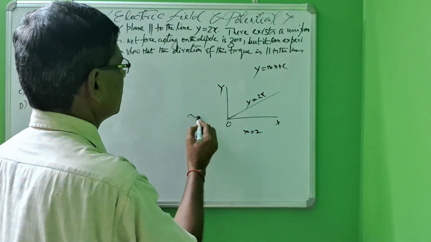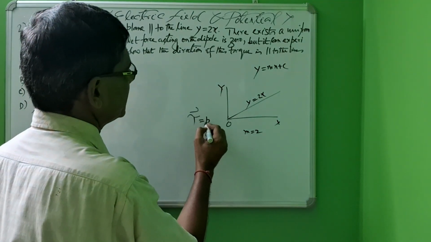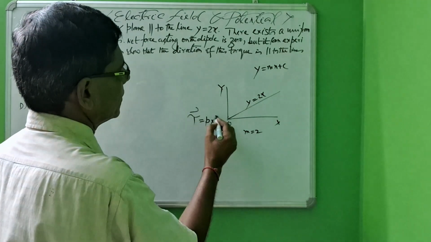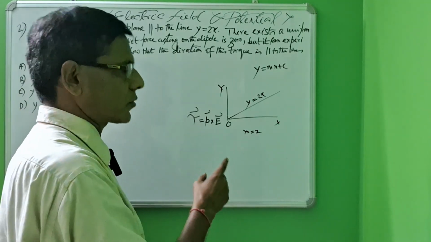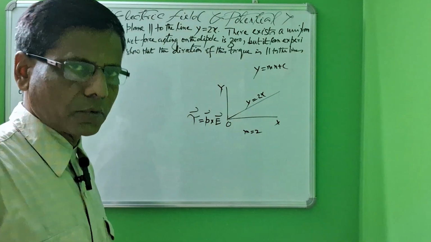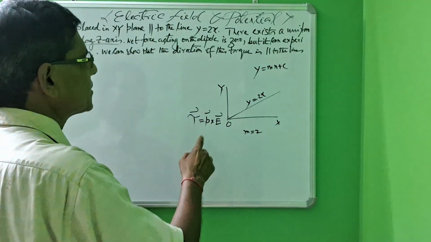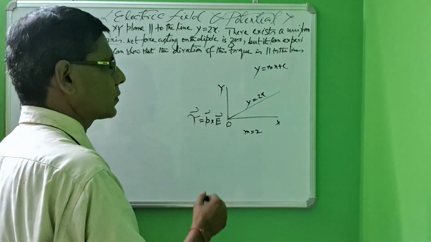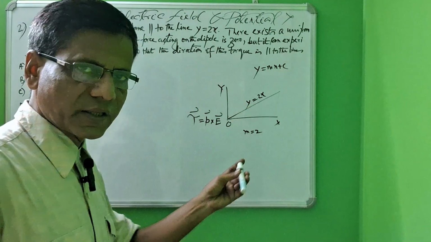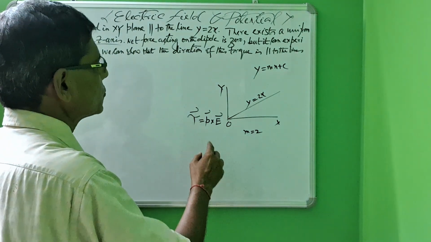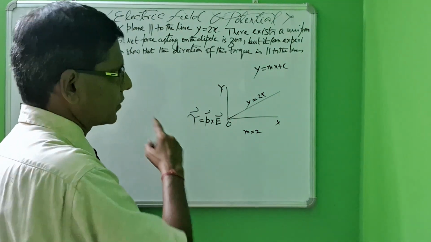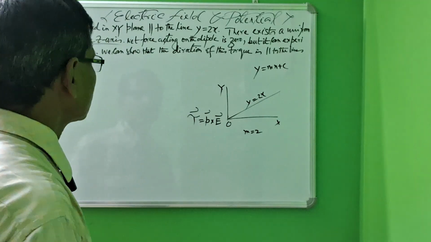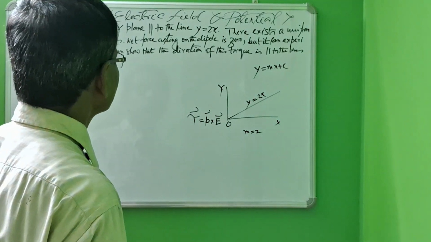So we know tau equals P cross E. Tau is the torque acting on the dipole, and P is the dipole moment of that dipole which is situated in the xy plane. So P cross E is the tau.